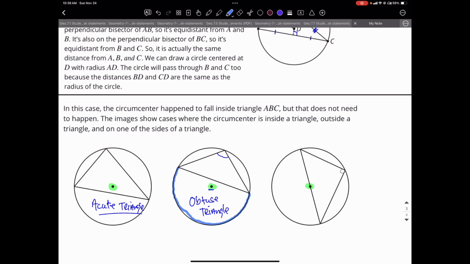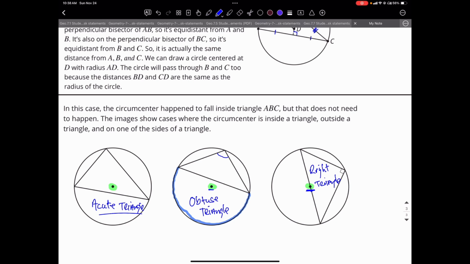And then the last one, where the center is on one of the lines of the triangle, that circumcenter is on the triangle, then that tells me this is a right triangle.